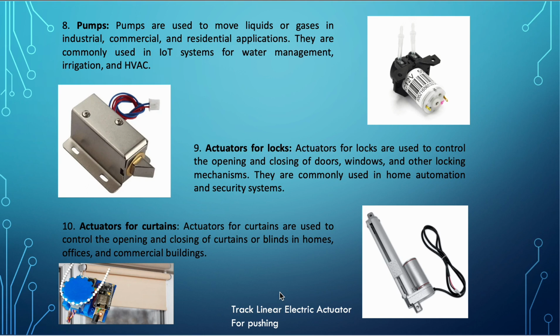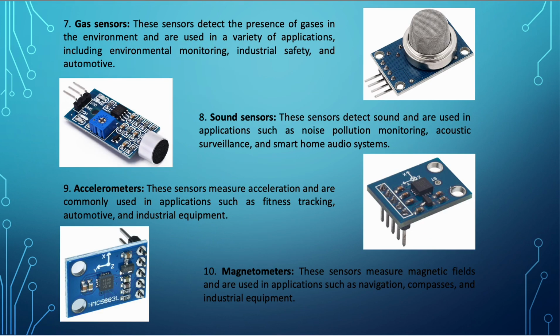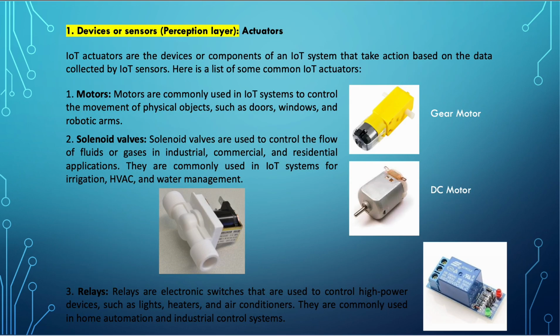The next thing that comes to our mind is that if there are sensors, and these sensors collect data from the environment, then by processing this data we can get information, and we can give commands to these actuators to function.